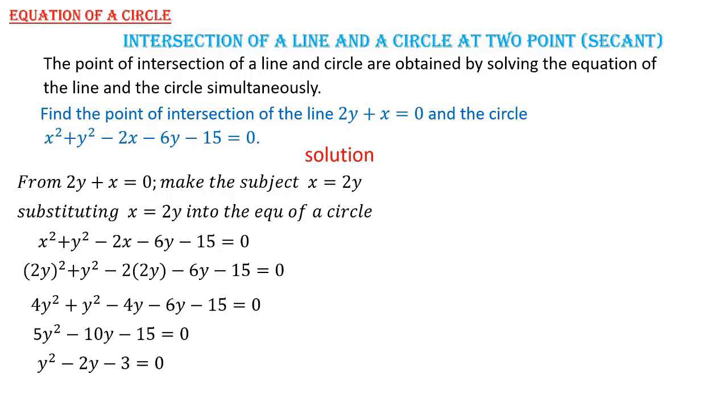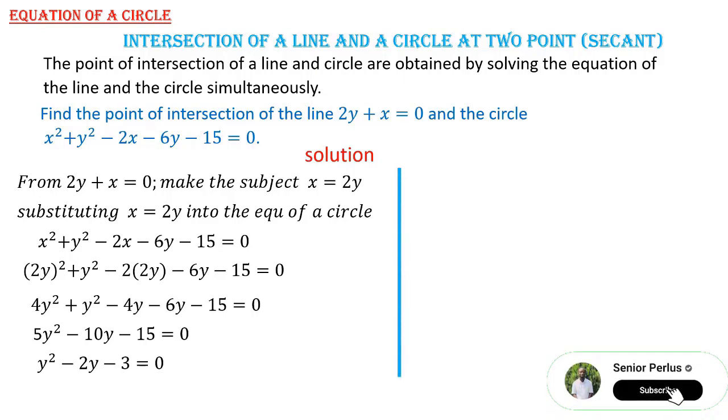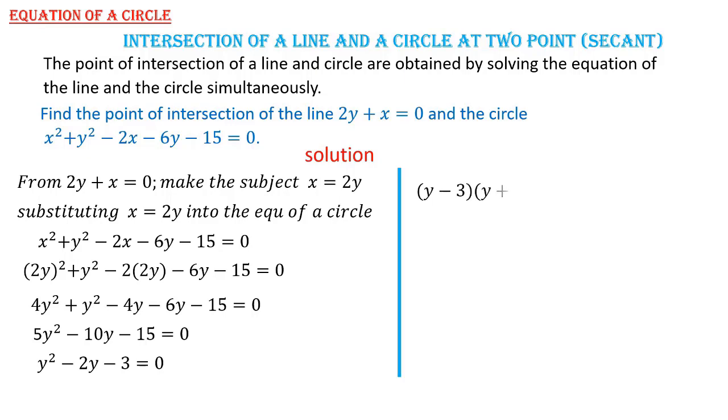We find the factors and then we move on. So let's factorize this. We know our factors, right? Our factors will be negative 3 and 1. So let's factorize this. Good. Therefore, our y is negative 1 or 3.